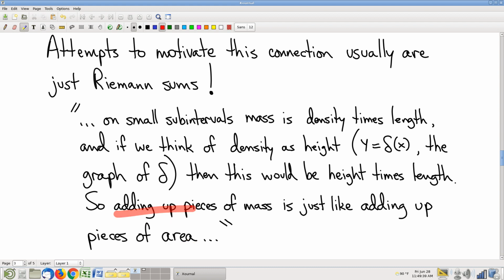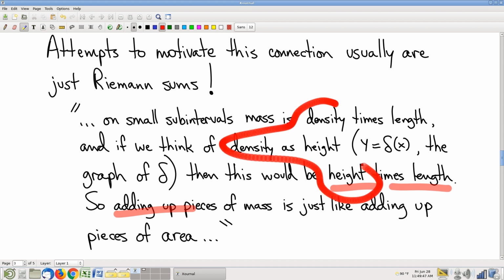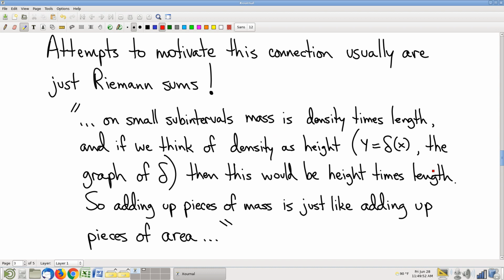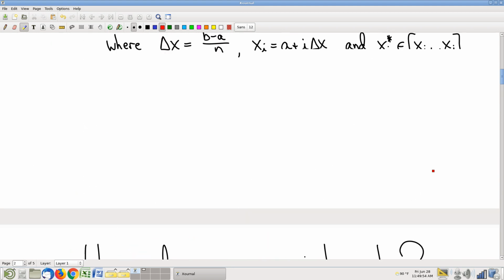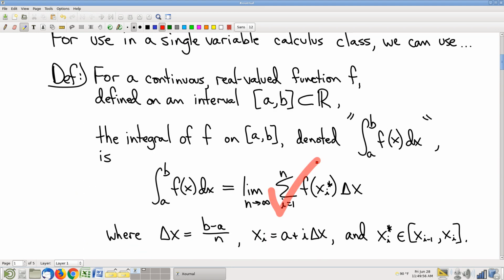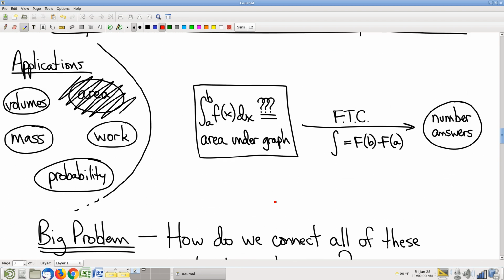We're adding up, specifically, some function times length. That function being whatever it needs to be, appropriate to the application. And structurally, that's this.